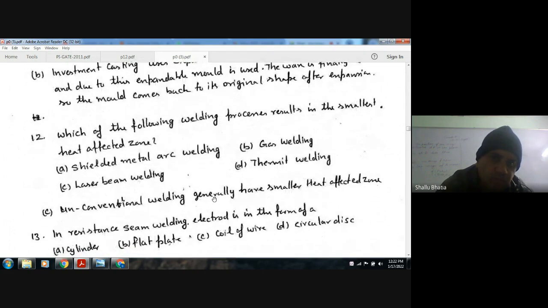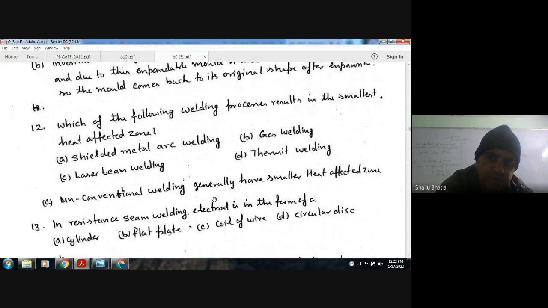Okay. Which of the following welding process results in the smallest heat affected zone? Unconventional welding generally has the smaller heat affected zone. Heat affected zone is defined as the area which is affected by the heating of metal during welding.